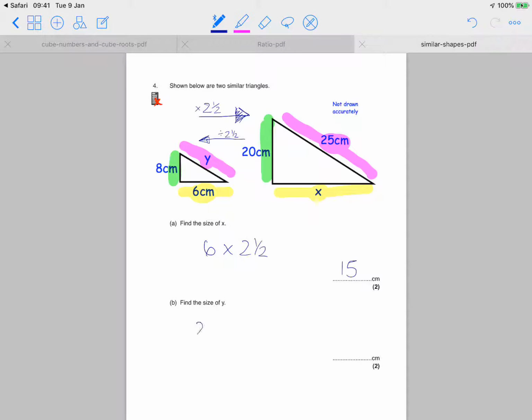Because I'm given the 25 on the big triangle, to move to the smaller triangle, I'm going to need to divide by 2.5. How many 2.5s are there in 25? And that would be 10.